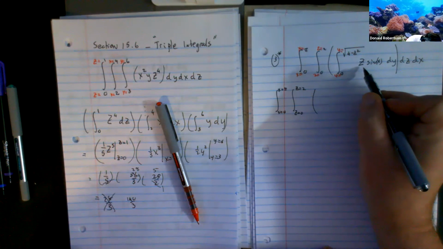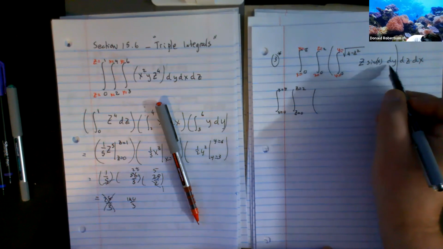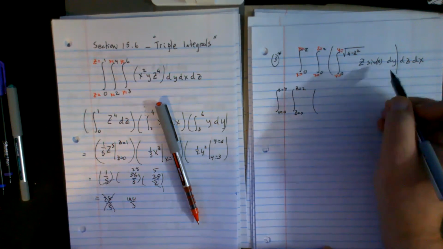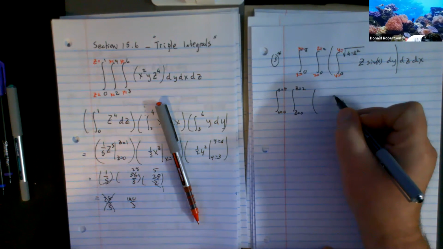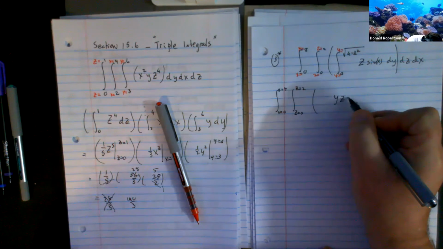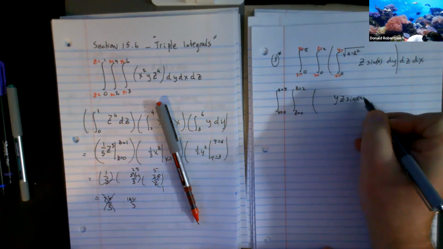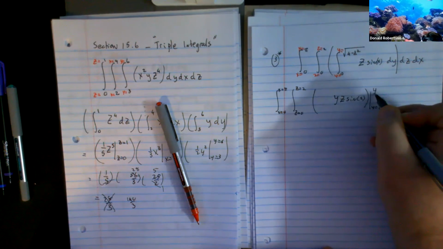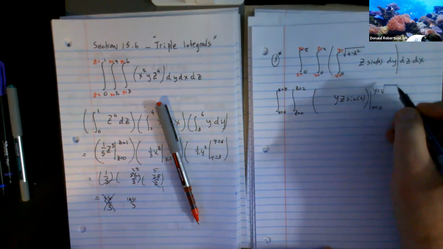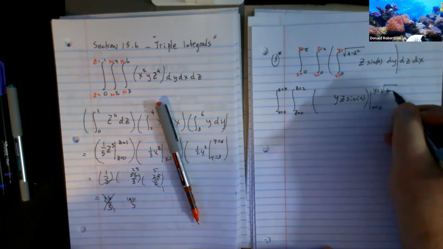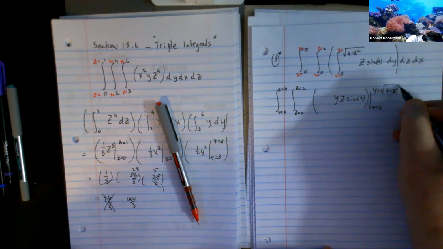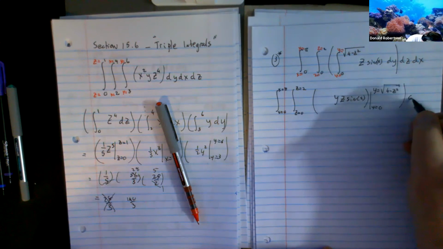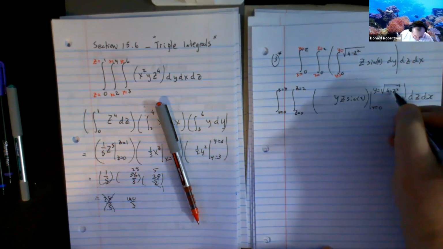If you integrate this fella with respect to y, you will get yz sine x evaluated from 0 to a really ugly looking 4 minus z squared. I am not happy about that guy.